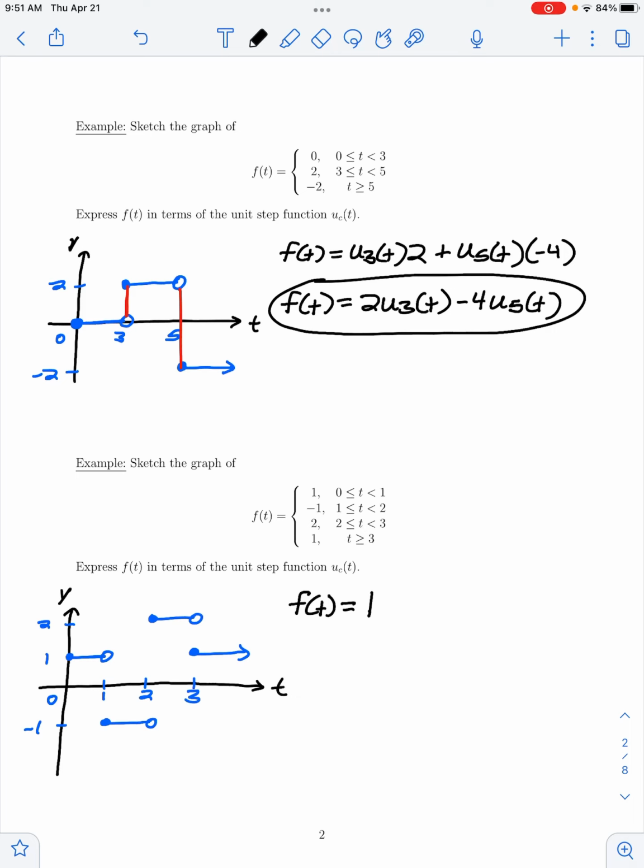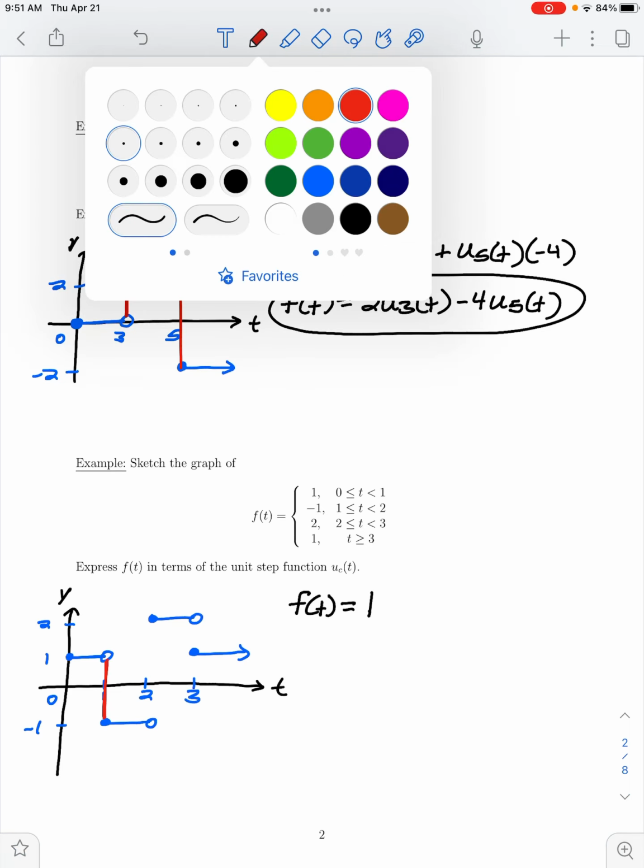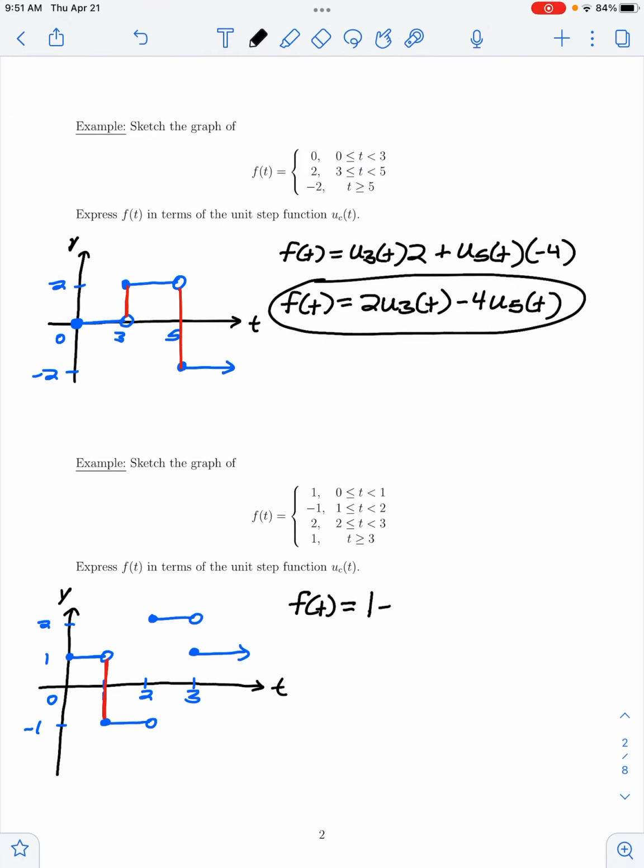And then at time 1, a jump occurred. The size of this jump, or this step, was 2 units downward, from positive 1 to negative 1. So I could subtract 2 times u sub 1 of t.